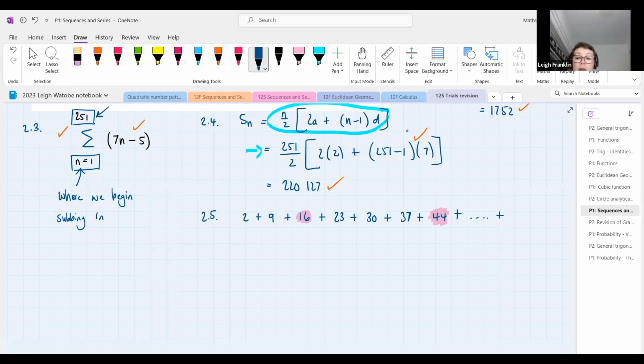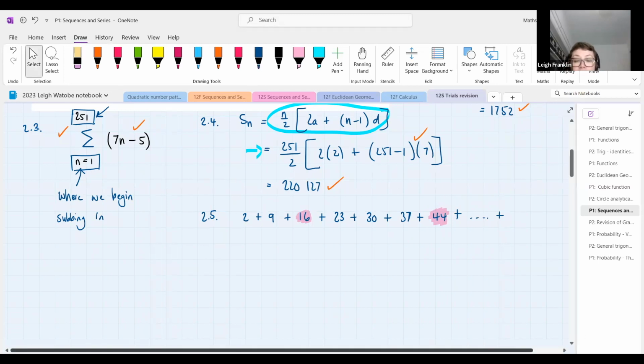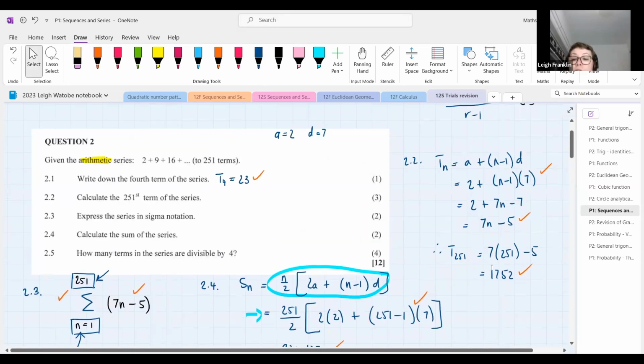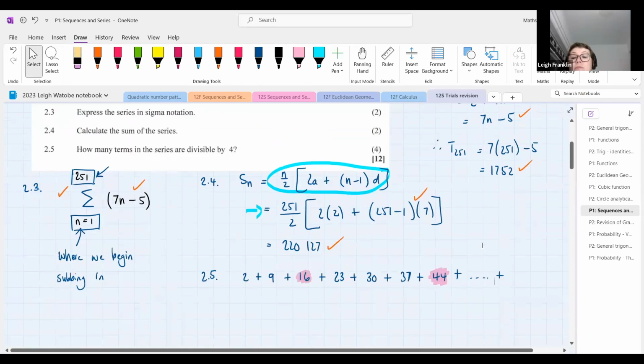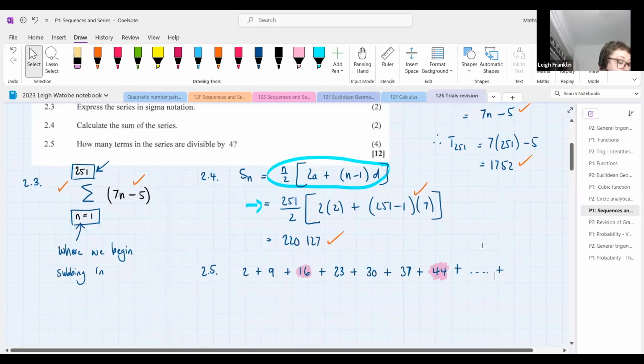The last number in the pattern was what? We know what the 251st term was. We know that it's 1,752. Is 1,752 divisible by 4?